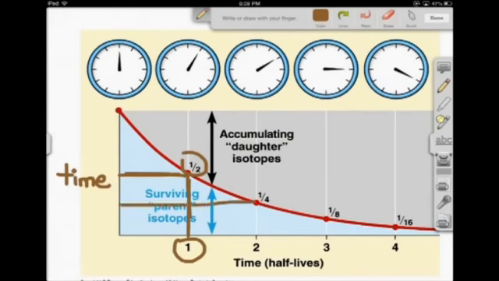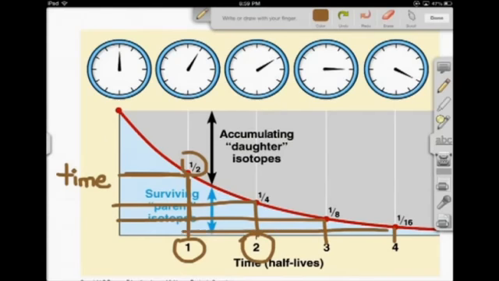If we continue this process and we go to the second half-life, we'll only have a quarter of the material remaining. Third half-life, you see this begins to level off. 1/8. And by the time you get to 1/16, there's very little of the material left.